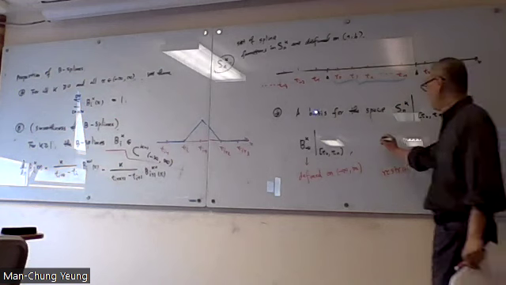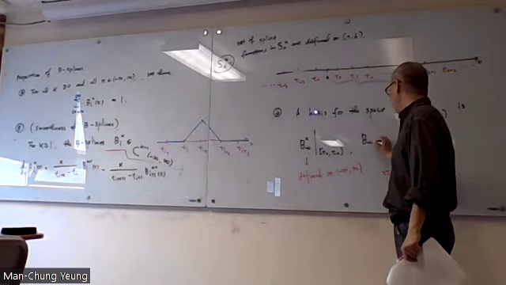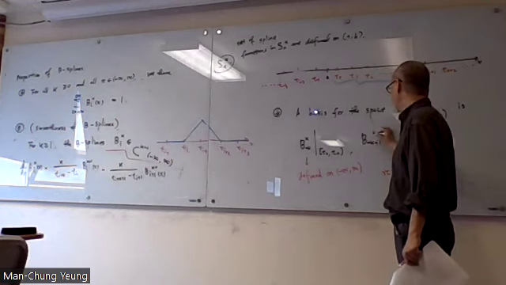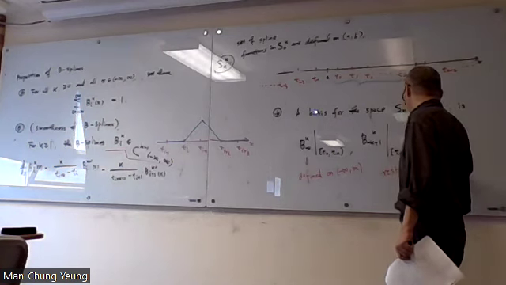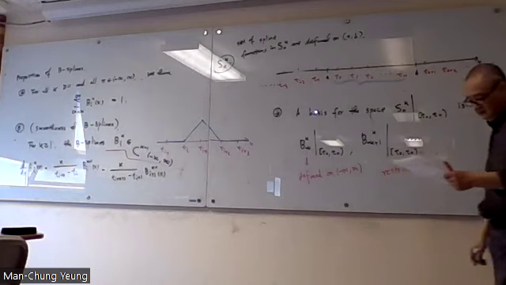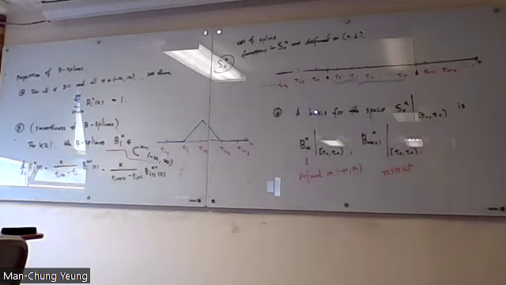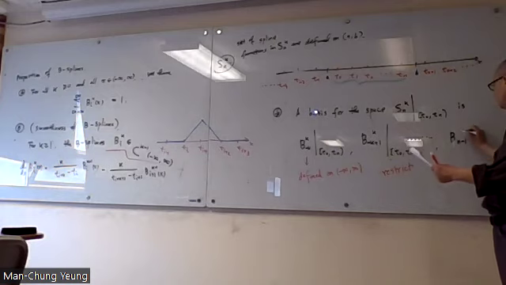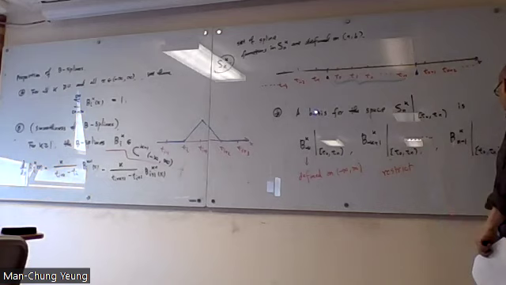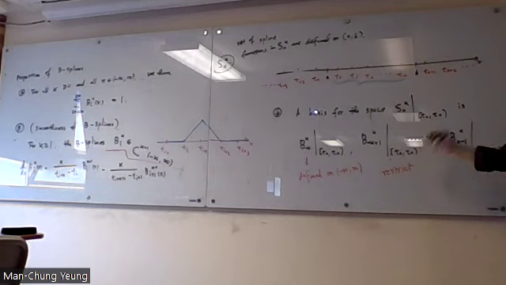And then the next one, B_{-k+1,k}, restricted to [t_0, t_n], and the last one, B_{n-1,k}. This is a new basis.